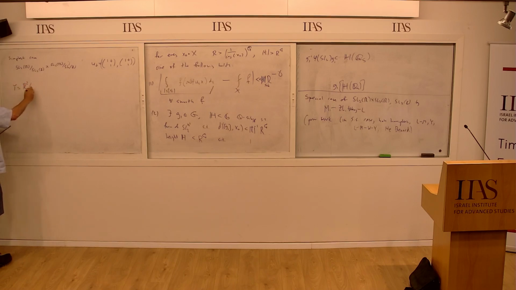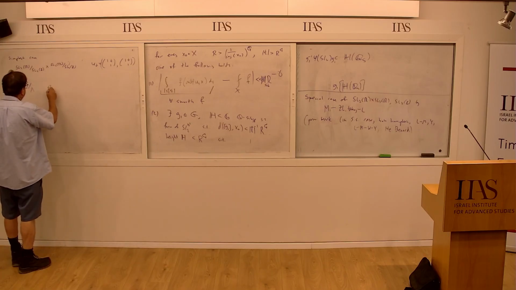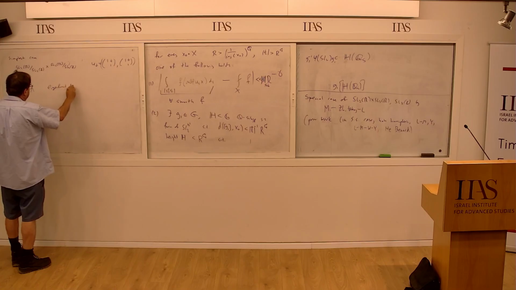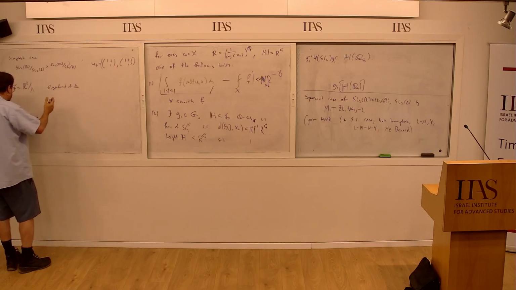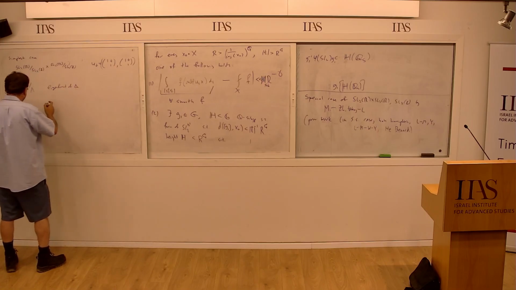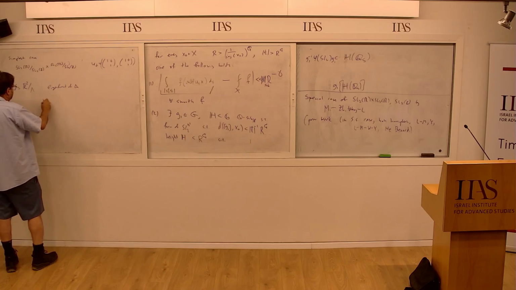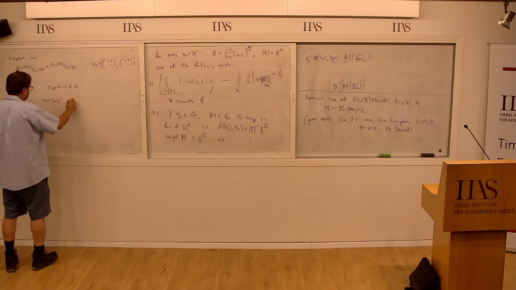So you take a torus. This is just a two-dimensional torus, and you look at the eigenfunctions of the Laplacian on this torus. Of course we know the eigenvalues basically come from the size of the elements in the dual lattice. It's 4 pi squared times the norm of v, for v in the dual lattice.